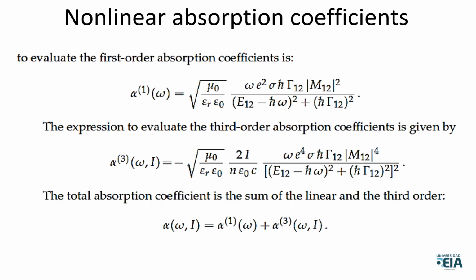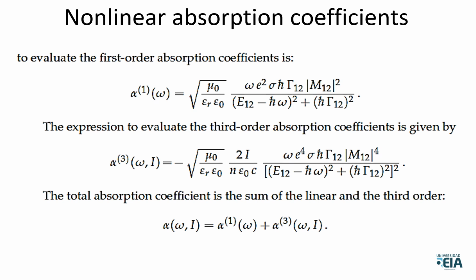To calculate the nonlinear absorption coefficients, the Boyd-Robert method is used. First-order coefficients depend on the dipole elements and transition energies. A damping term is proportional to the transition energy level. This model uses 2 levels of energy, the basic level and the allowed transition level.